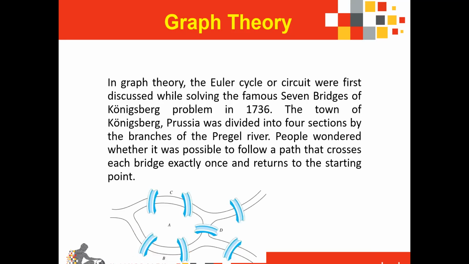People eventually wondered whether it's possible to follow a path that crosses each bridge exactly once and return to your starting point. This is the graph layout for your corresponding 7 bridges of Königsberg. Each edge on this particular graph represents one bridge, connecting the different parts of your Königsberg city.